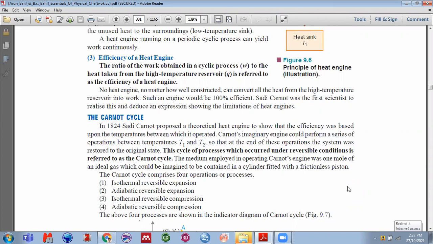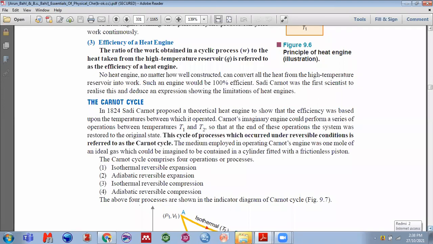In Carnot engine, 1 mole of an ideal gas is taken in a cylinder fitted with a frictionless piston. There are two reservoirs, one at high temperature T1 that is known as source and another at low temperature T2 known as sink. The entire process consists of the following 4 steps.